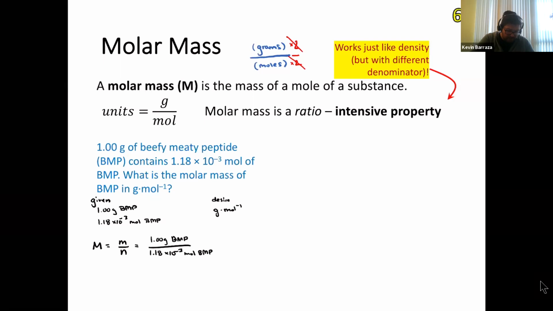When we plug that into our calculator and round to 3 significant figures, we get 847 grams per mole of BMP. What this means is that if I'd like to count out a mole of BMP particles, I would need to weigh 847 grams on a scale. When I get to that number, it means that I have a mole of those particles on my plate.